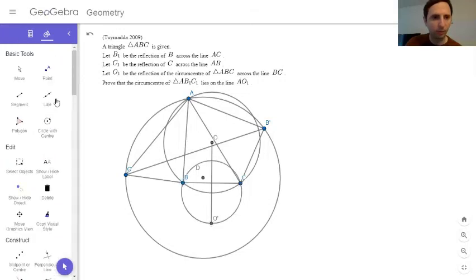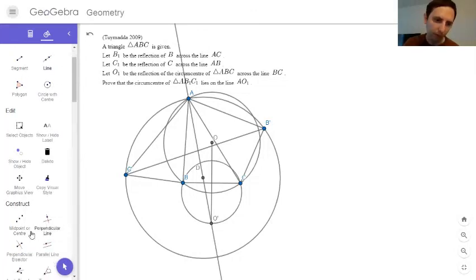Let's draw some stuff here. Is AD an angle bisector? I don't think so, but let's see.